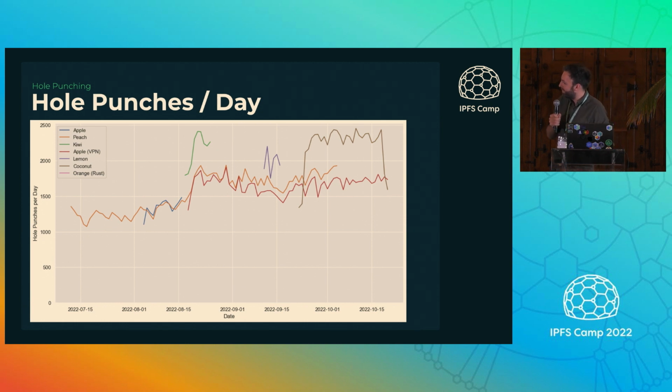The axis on the left-hand side goes from 0 to 2,500. So it's around 1,500 hole punches a day per client, and each of these different colored lines is a different client which was active during different times of the last few months.